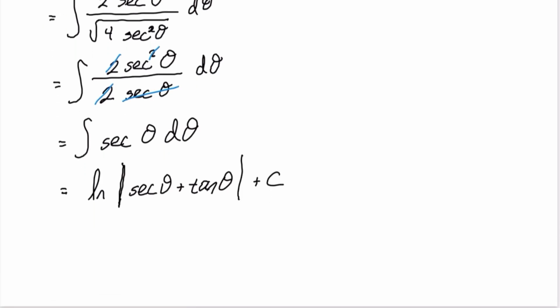At this point, we're almost finished, but notice our variable is in terms of theta and the original integral is in terms of x. So we need to put this back in terms of x. We'll have to be careful here because we did 2 substitutions. One of the things we said was u is equal to 2 tangent theta. Let's use this idea along with SOHCAHTOA from trig class to help us set up a triangle.